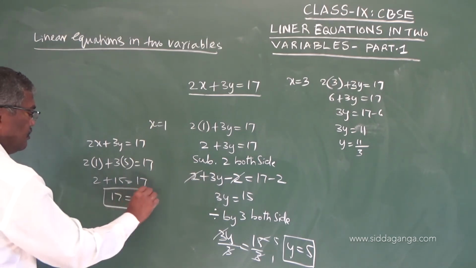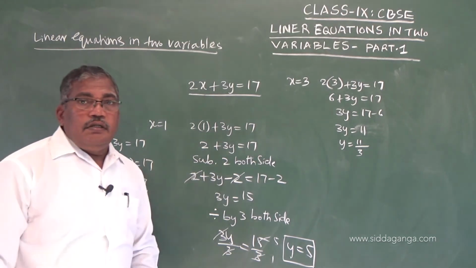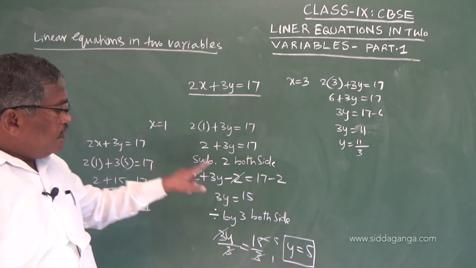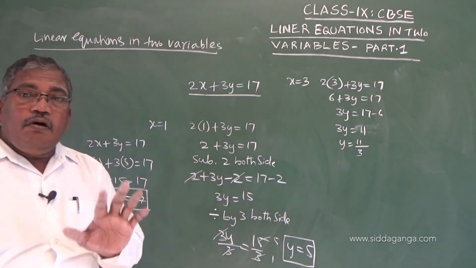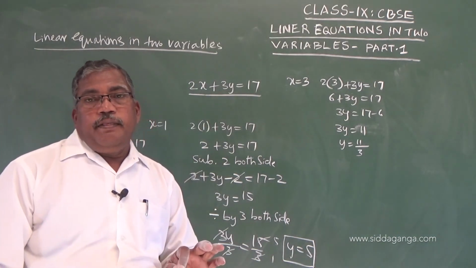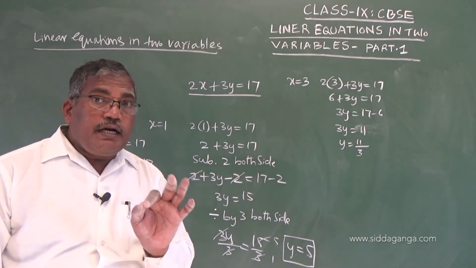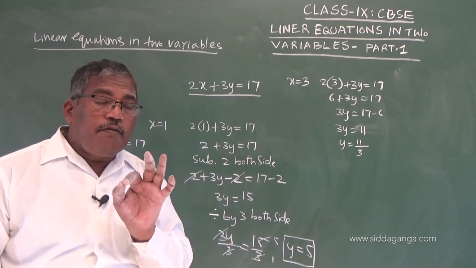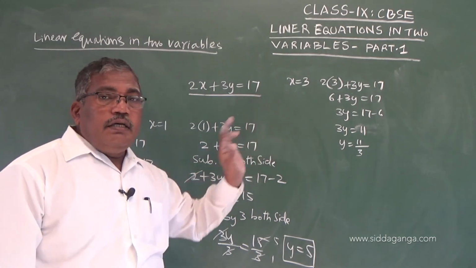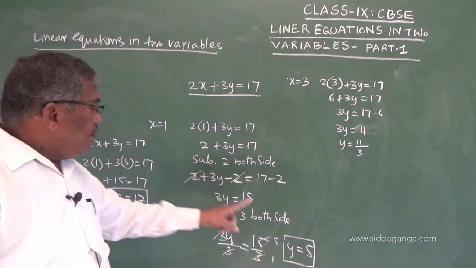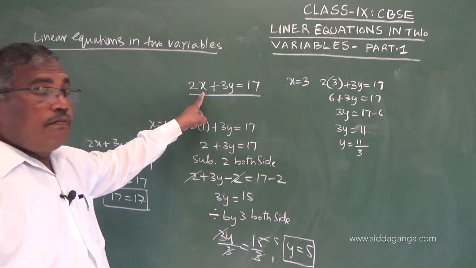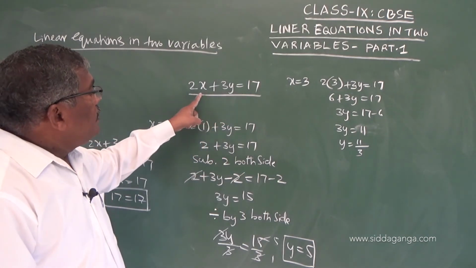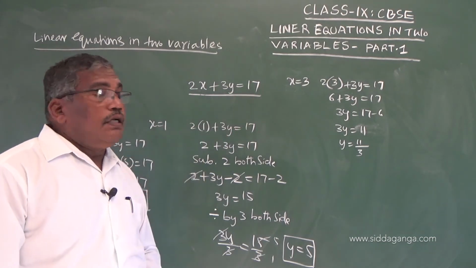So LHS becomes equal to RHS. Therefore, x equals 1, y equals 5 is a solution of the equation. This pair we call an ordered pair. This pair gives a solution of this equation, because it made LHS equal to RHS.